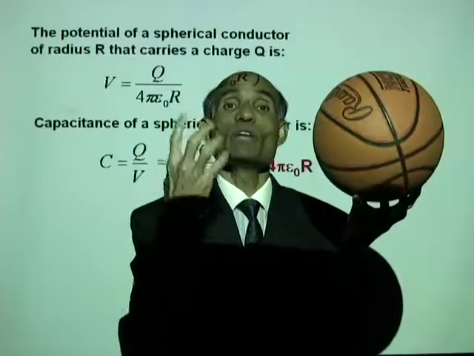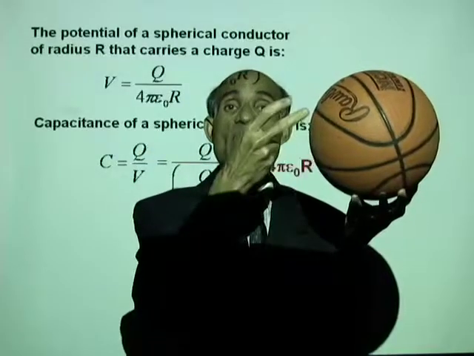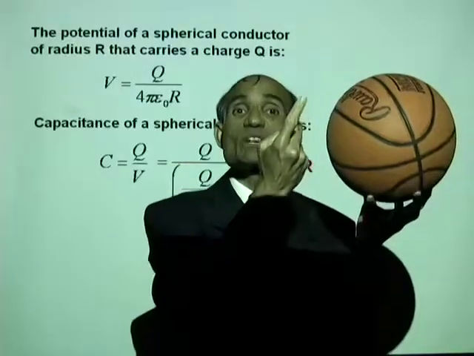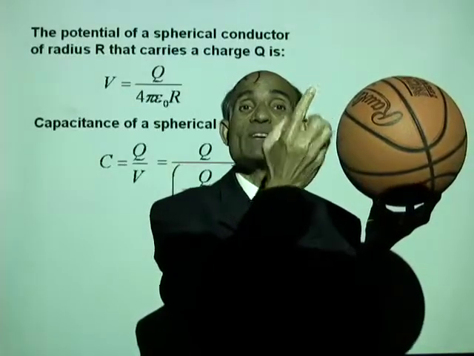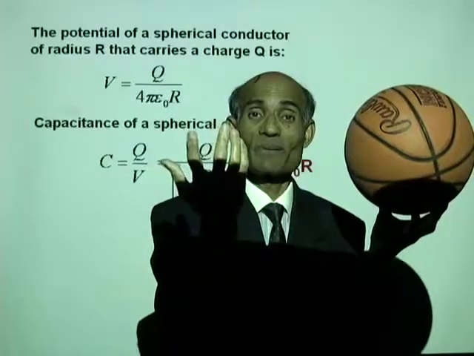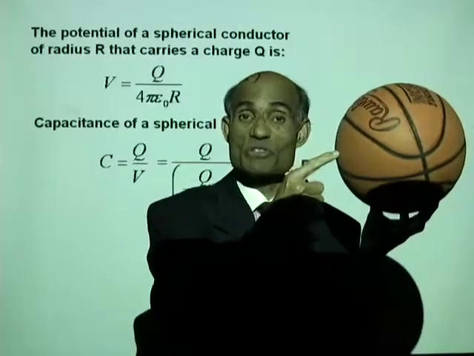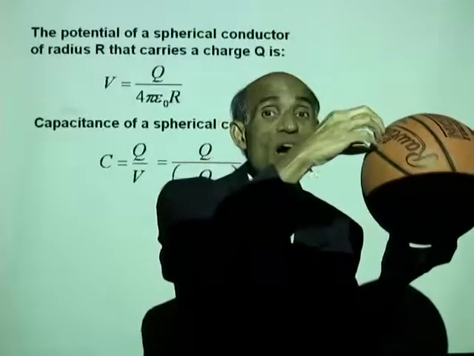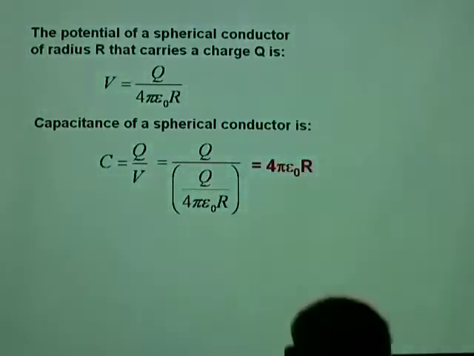It means the amount of charge that this will hold so that its potential is increased by 1 volt is the same. The capacitance of a conductor does not depend on the amount of charge you put in it. Okay.